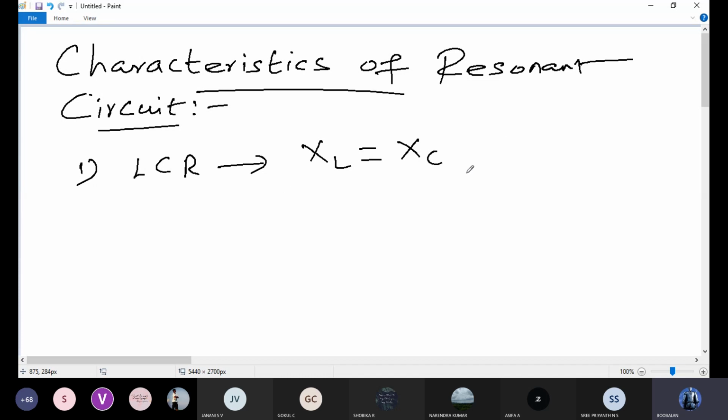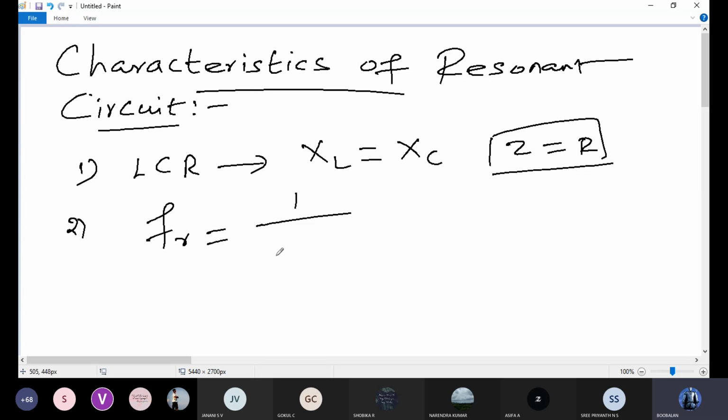From that formula, you will get Z equal to R. Second one, the resonant frequency, that is fr, from the last formula, 1 by 2 pi root of LC.